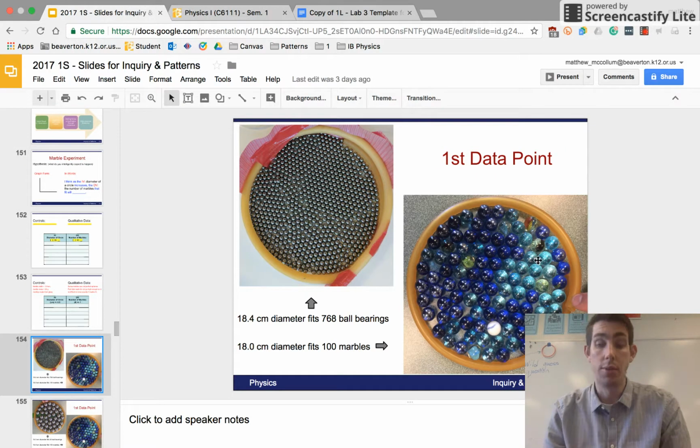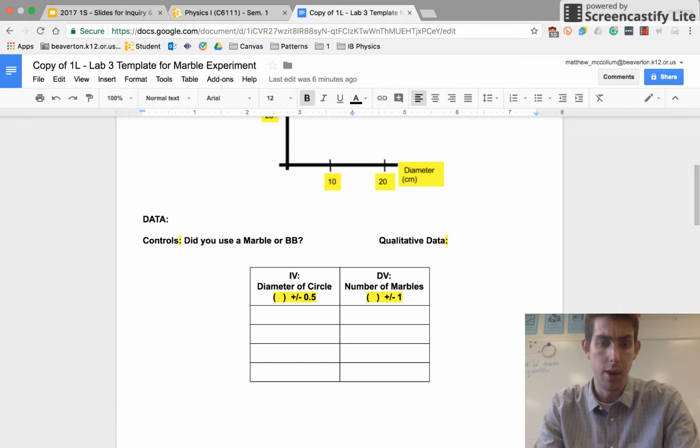I'm going to go ahead and give you one data point right now. This is your first data point, which is the biggest circle that we have. I didn't want you to have to count up 100 marbles or the 768 ball bearings. So if you are in the marbles group, which most are, we're going to put in our first data point right now.